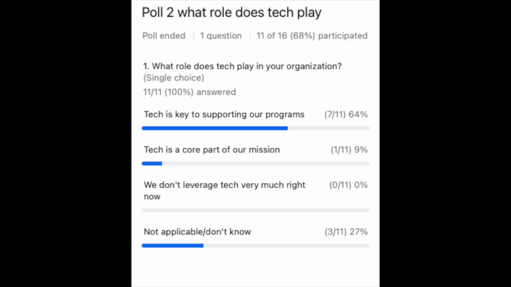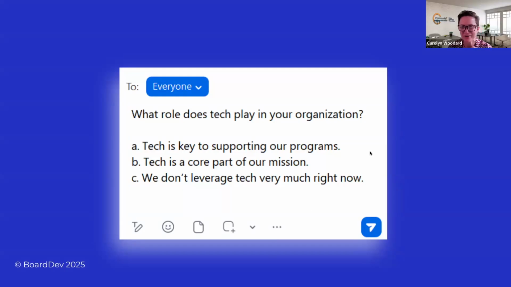Well, this is great to see. Yeah, this makes sense. You're using tech for programs, but for one of you it's a core part of your mission. Great. It's really interesting. Actually, I just want to jump in and say that is such a huge 64% said that tech is key to supporting your programs. So I love to see that. So I'm interested to see what else comes out throughout the presentation.